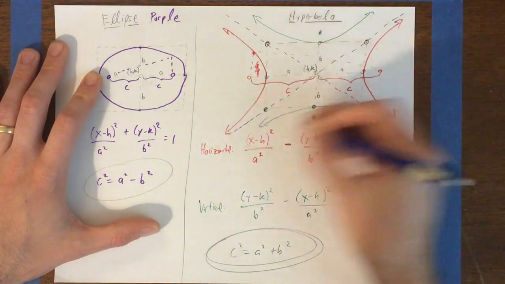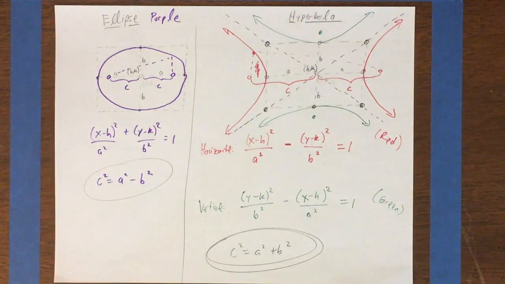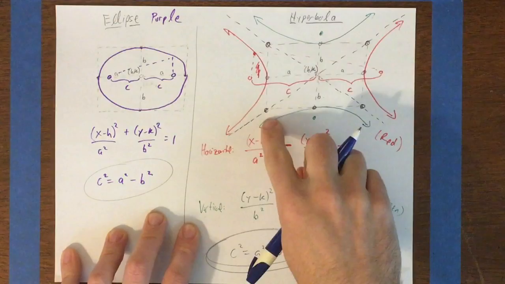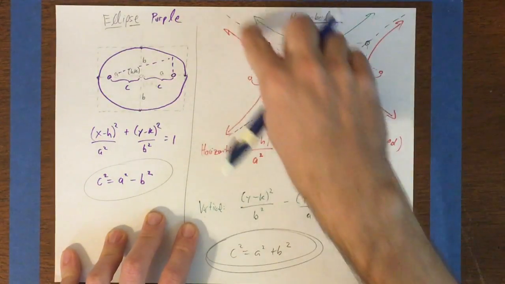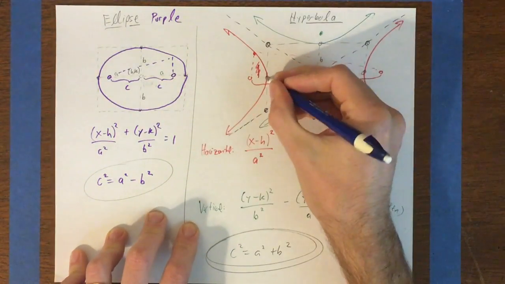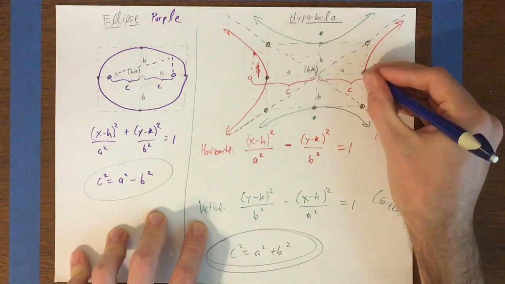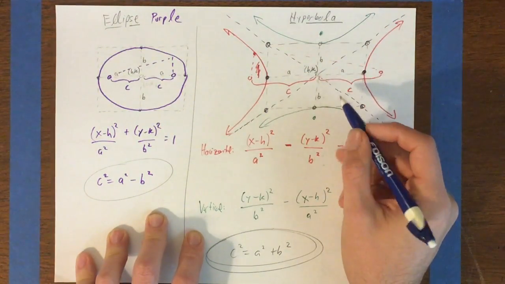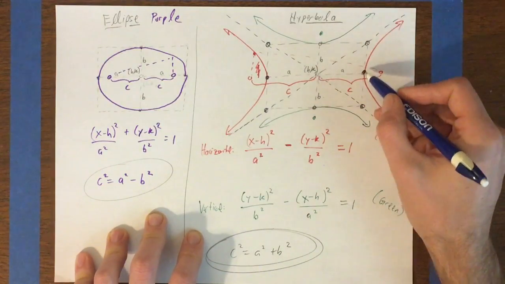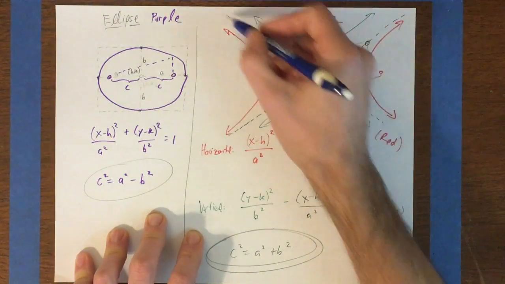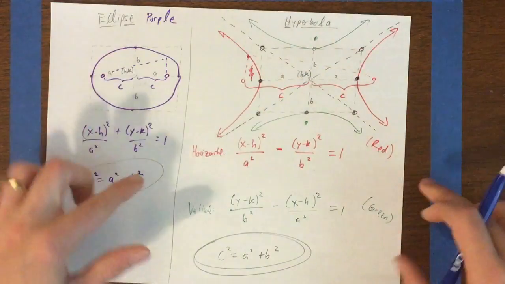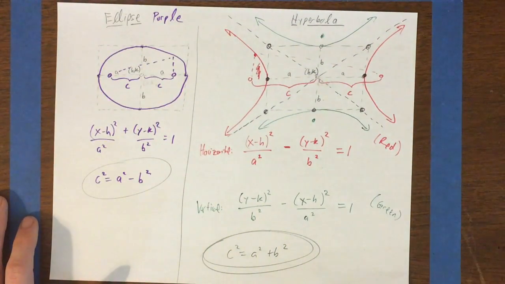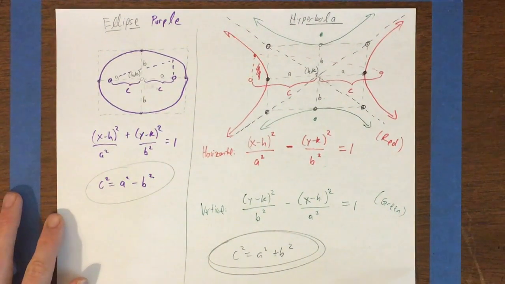If you draw those asymptotes, that can be a really nice guide. Actually, I should have drawn the asymptotes first, because that gives you a nice guide for drawing the hyperbola. The branches are going to pass through points called the vertices. They'll pass through those points on the box, but then they will sort of approach the asymptotes on either side. Yeah, that can be a helpful guideline when graphing a hyperbola.